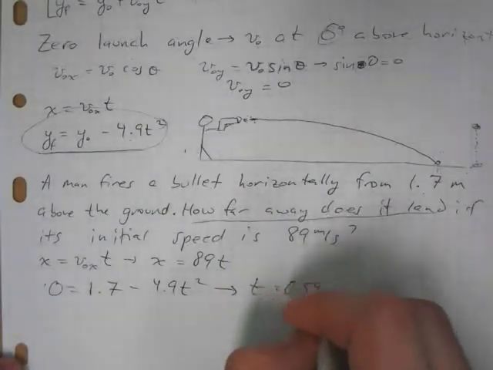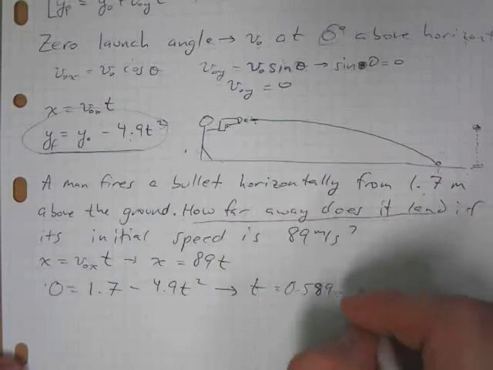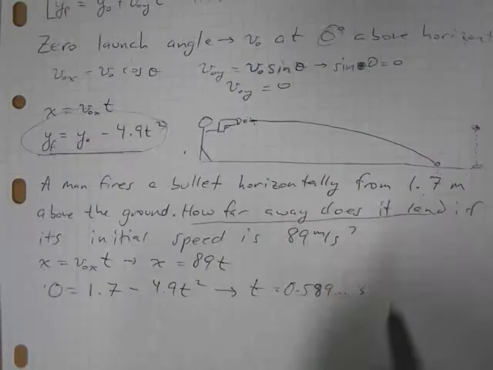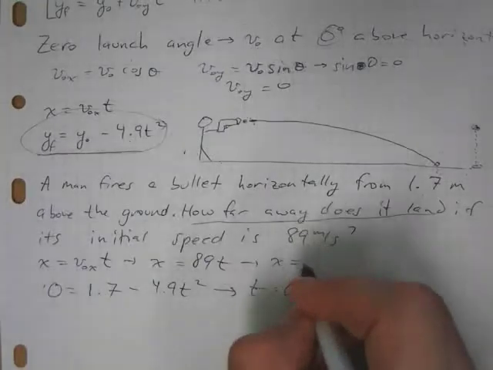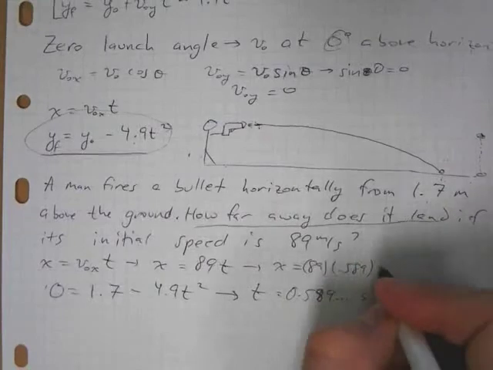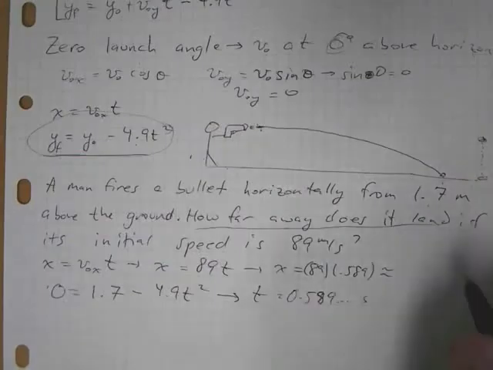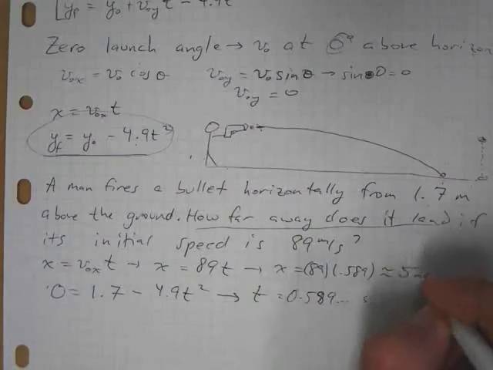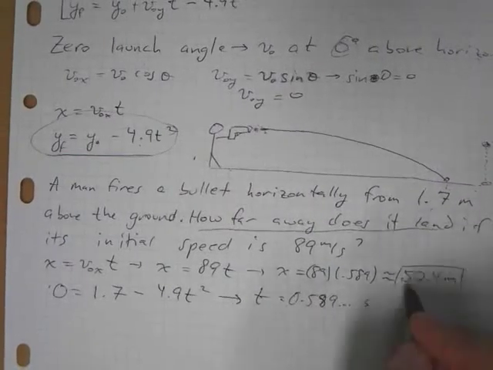And then we want to find how far away it lands, so we plug that in up here. X is just 89 times that 0.589, which comes out to approximately 52.4 meters. And remember, we don't care about sig figs, so I'll just leave it as 52.4. You can put more decimals if you wanted. That's how far away it lands.